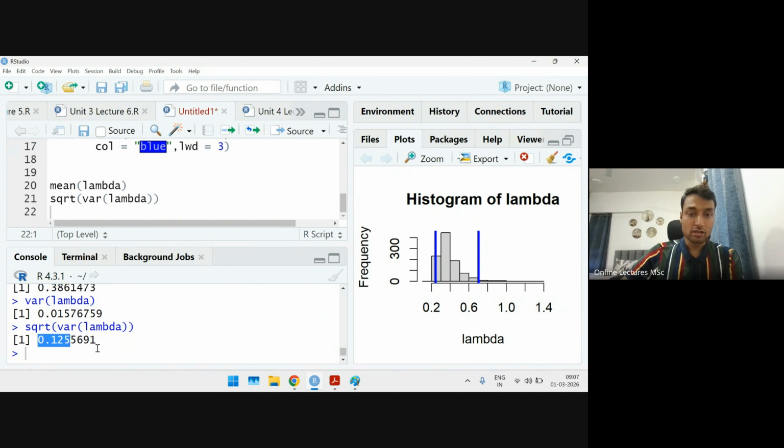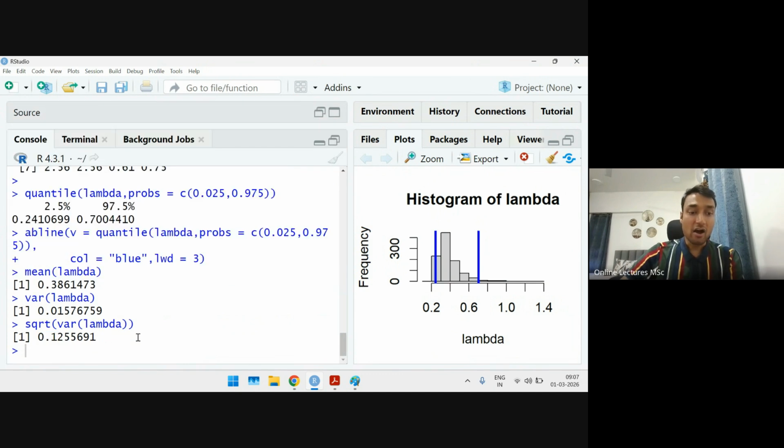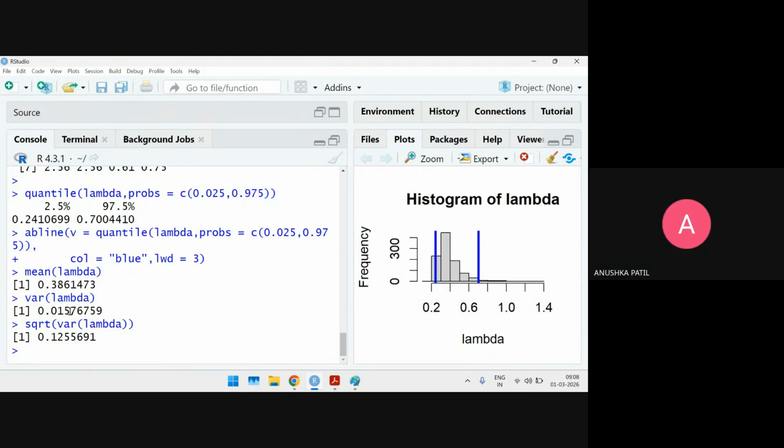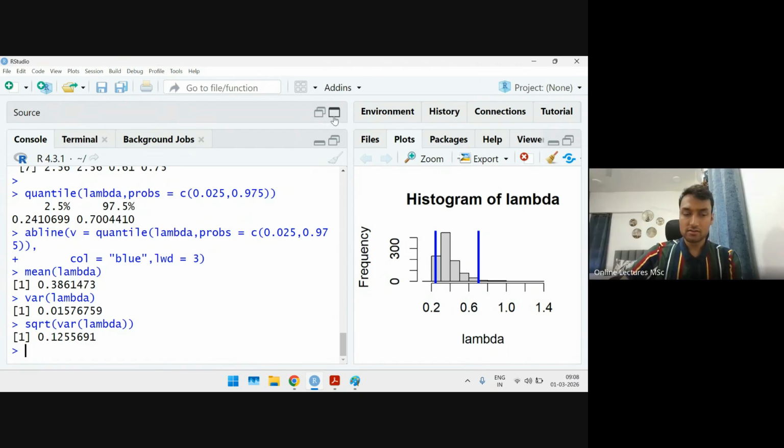So it also helps you understand how volatile or how variable your estimate is. I hope everyone appreciates that the lower the standard error, the more precision in my estimate. Makes sense? Is that good to go, everyone?